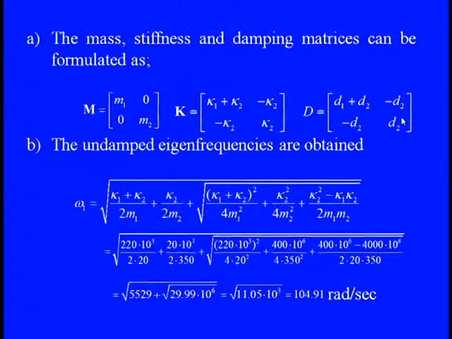Now if you want to calculate the undamped eigenfrequencies, we can calculate (k1 plus k2) by 2 m1 plus k2 by 2 m2, and then the square root of both the square plus k2 square, minus k1 k2 over 2 m1 m2. So when we put in those values, we can straightaway get the first natural frequency as 104.91 radian per second.